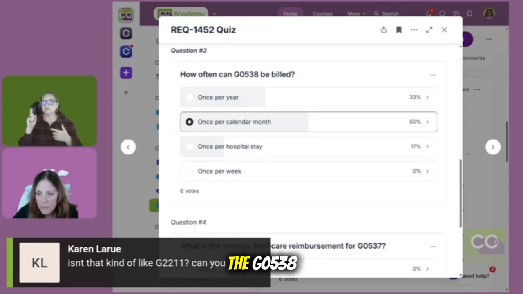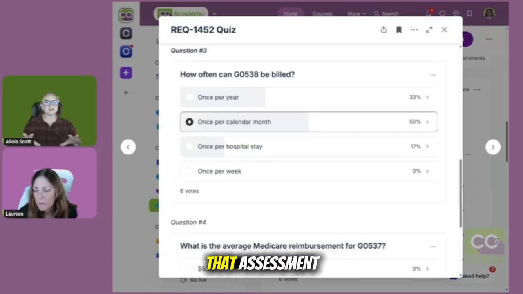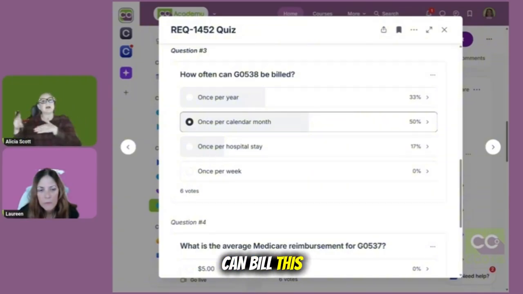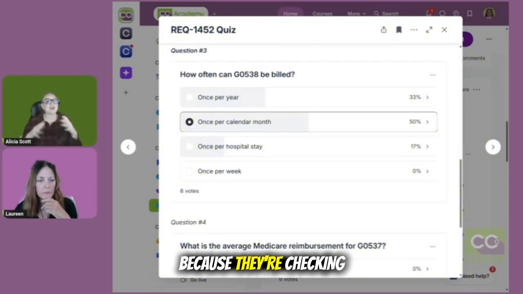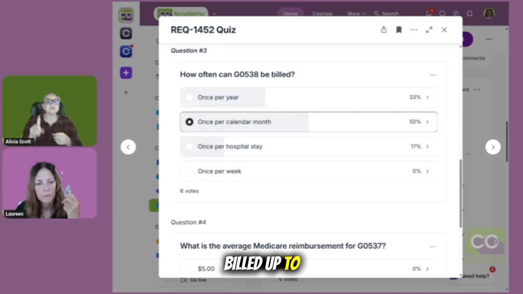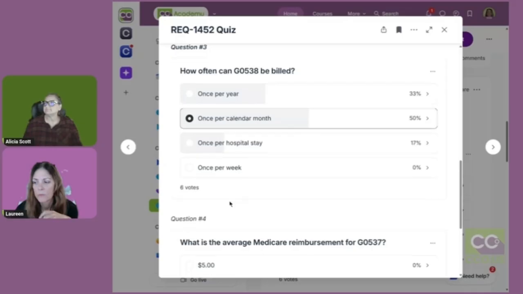They can bill the G0538 because the cardiologist is going to do that assessment. And then 2 months later, they go in and see their PCP. And the PCP can bill this again because they're checking them again to make sure that they don't have the diagnosis yet. It can be billed up to once a month per clinician ongoing.